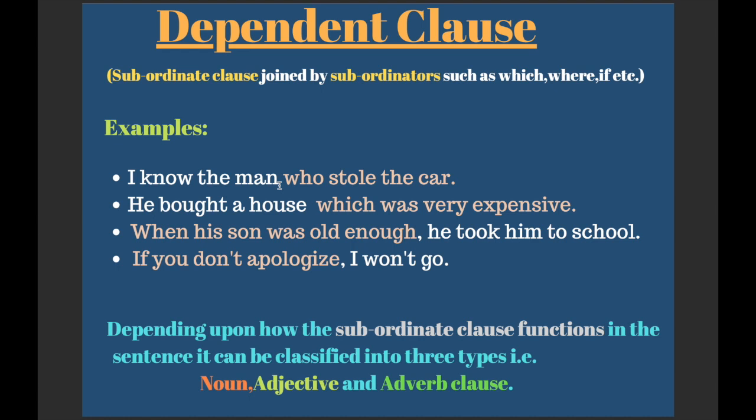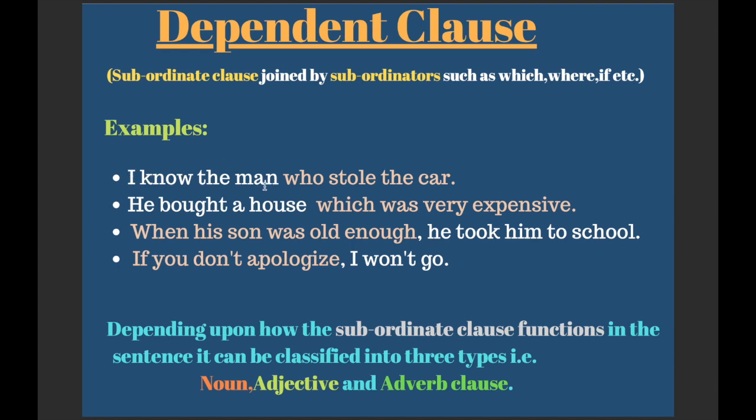And if we read separately the second part, that is who stole the car, then it doesn't make any sense. So in order to understand the meaning of this part of the sentence, we have to read it along with this part, that is I know the man.